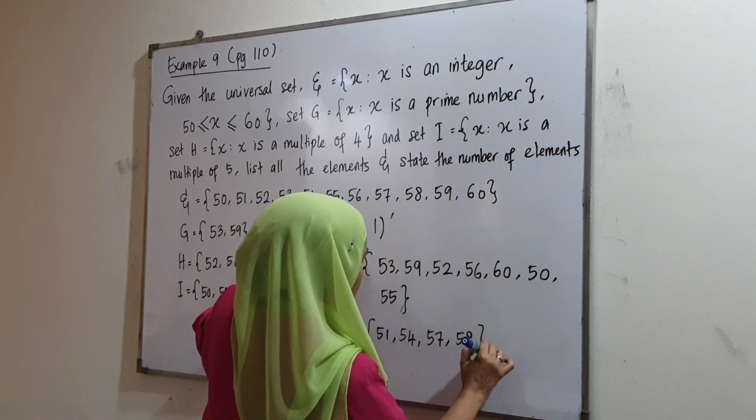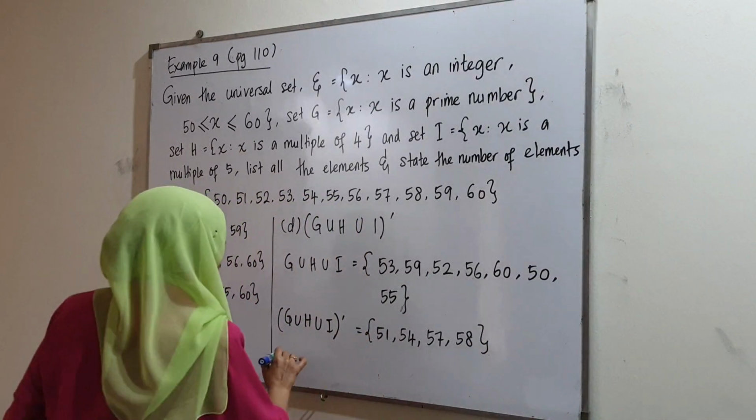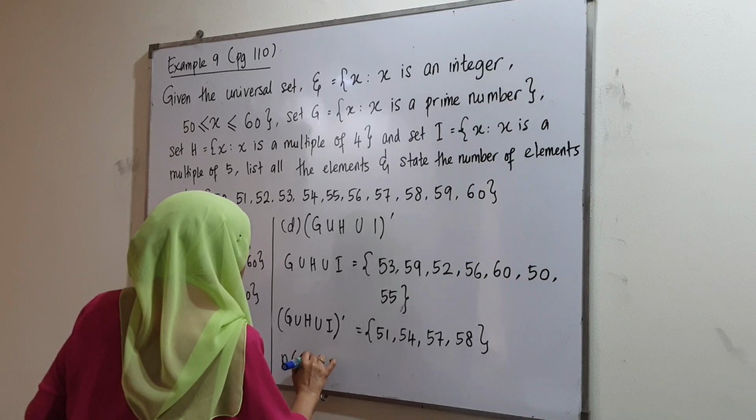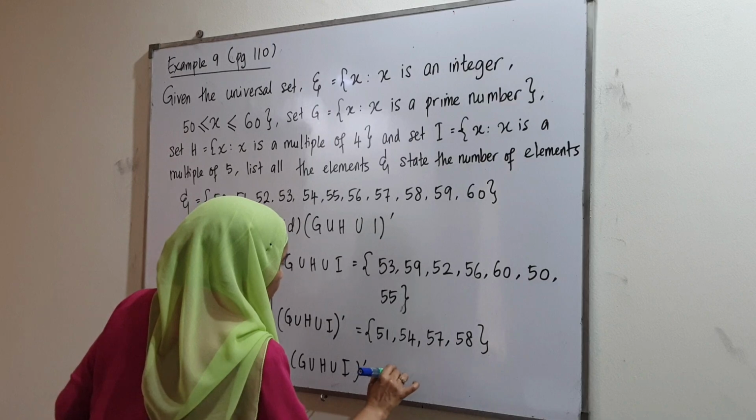So 51, 57, 58. So the number of elements in (G union H union I) complement is 4.